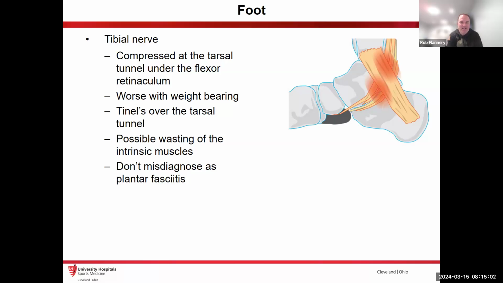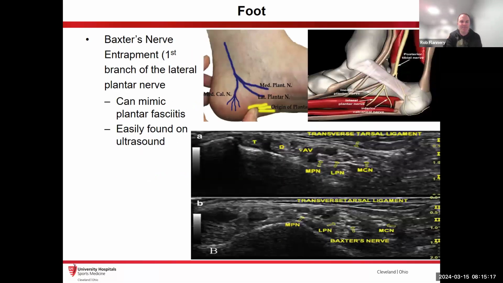And most of the time it doesn't help. It's from the arthritis and the trauma that they've already endured. But it's worth trying because if they do get some relief, at least they have something to go after then. So again, remember that flexor retinaculum.